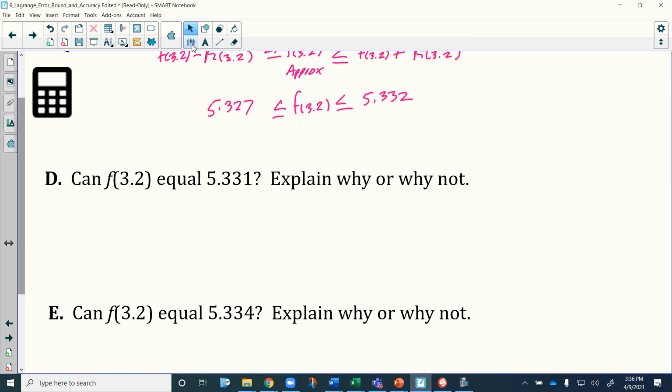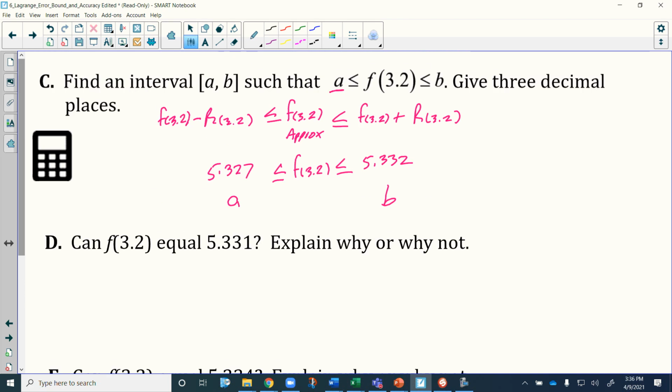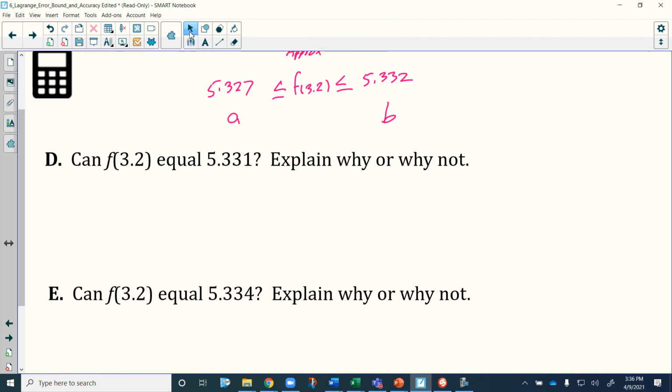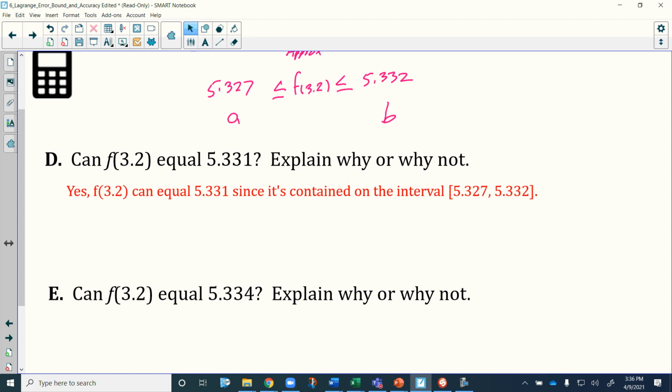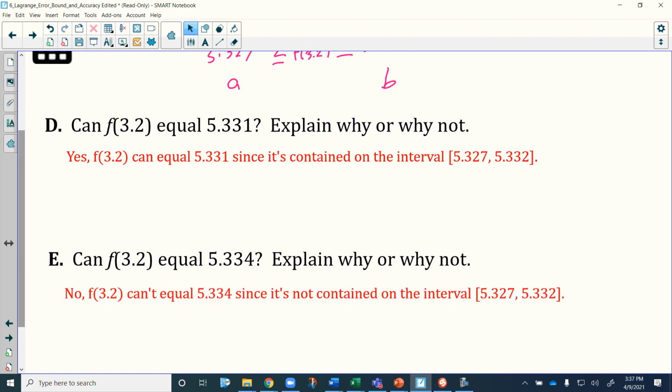You can think of this as the A value that they said, and this is the B value that they gave you, going back to the A and B here. So can you have an output of 5.331? Sure you can. It's on that interval. Can you have a value of 5.334? No, it's not on that interval. So there we go.